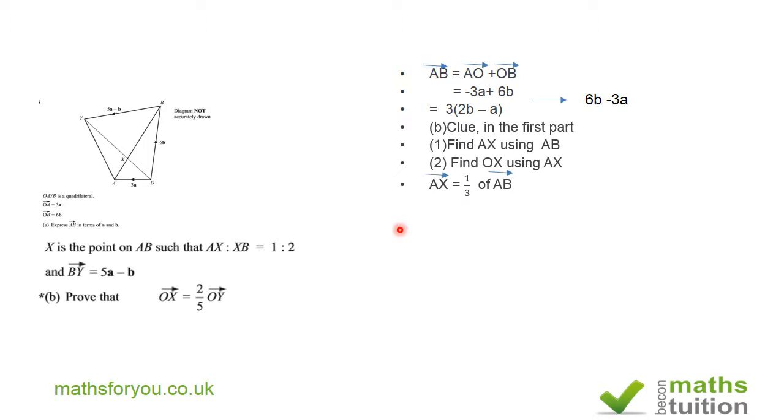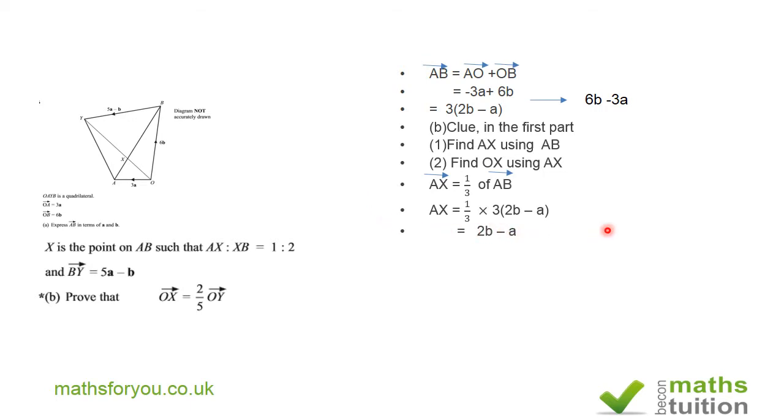And we know that AB is 3 into 2b minus a. Hence, AX is going to be 1/3 of 3 into 2b minus a. Now the 3 cancels out, so we end up with AX being 2b minus a.